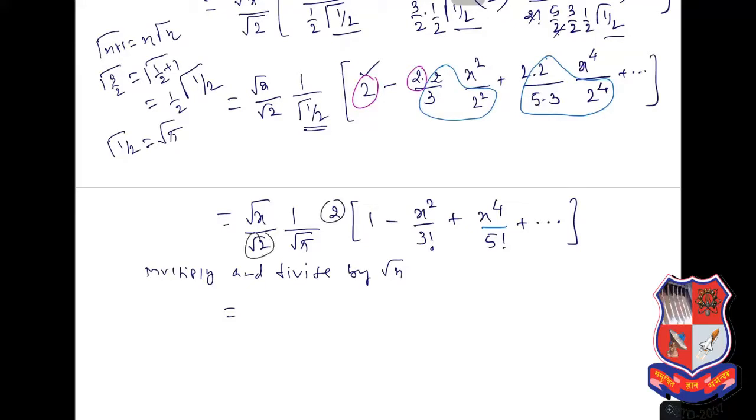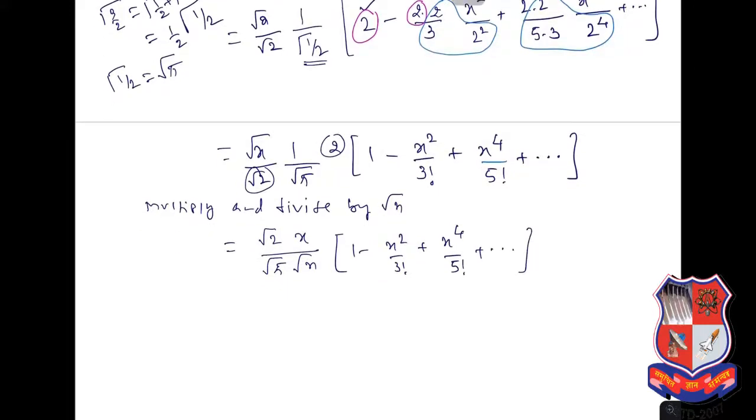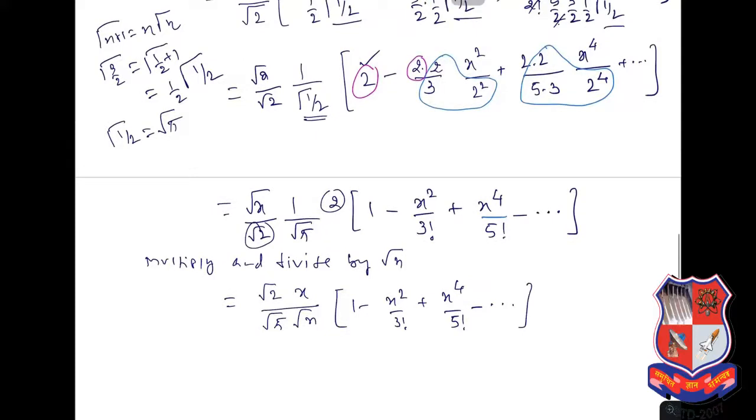So this is equal to, and this 2 over root 2, so that will be root 2, then we have multiplied with x, this is pi, and this is root x, and 1 minus x square by 3 factorial plus x 4 by 5 factorial, and so on. That will be minus sign there, plus minus plus minus.